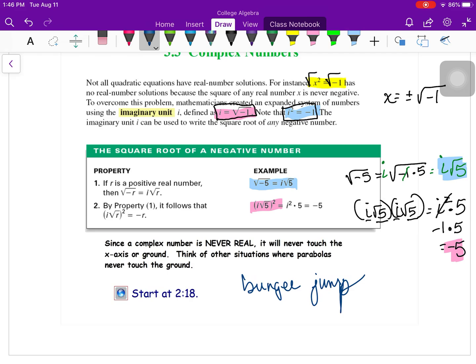You just swing back and forth. Another would be a grandfather clock. The pendulum just swings back and forth, back and forth. Another would be a swing. These are all examples of imaginary numbers, complex numbers.